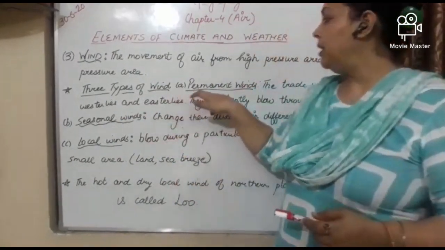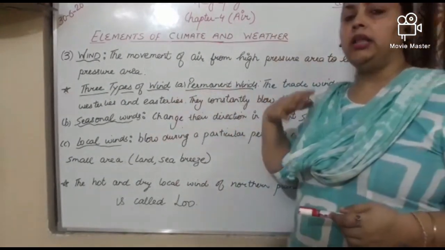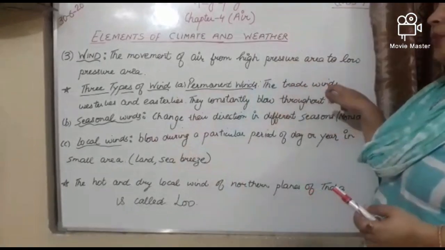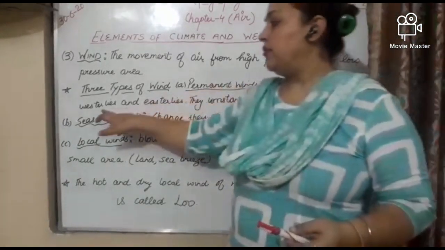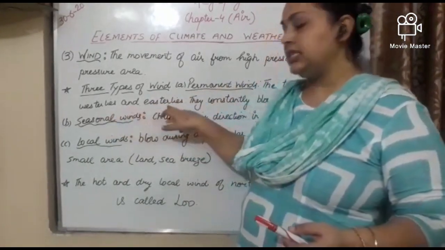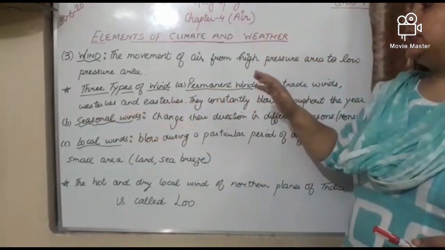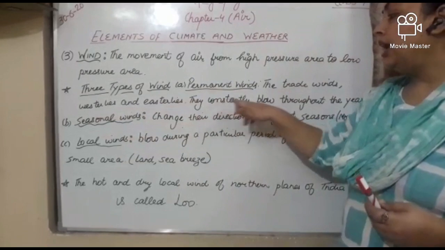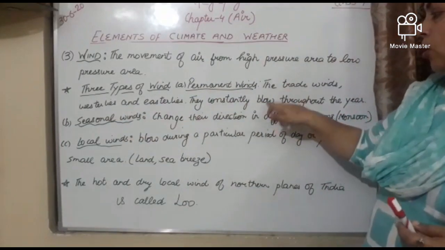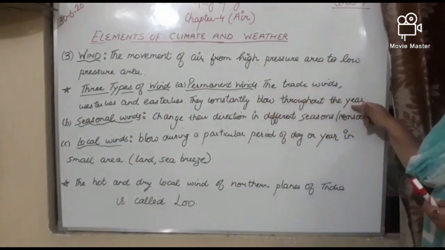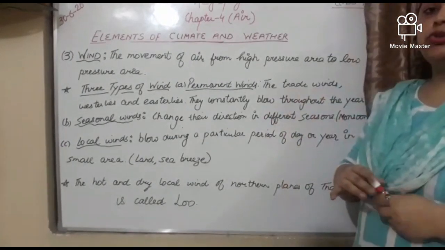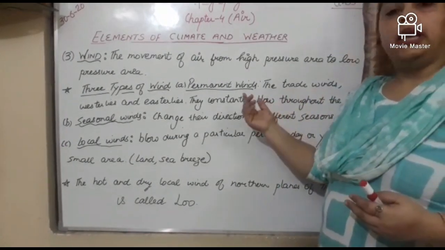From the name, you can think about what type of wind it will be. The trade winds, the westerlies and the easterlies are the permanent winds, and they constantly blow throughout the year in a particular direction.